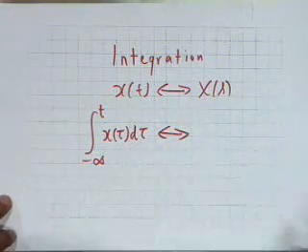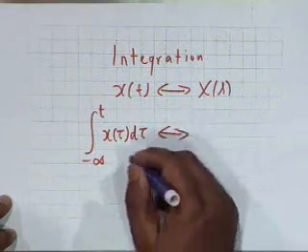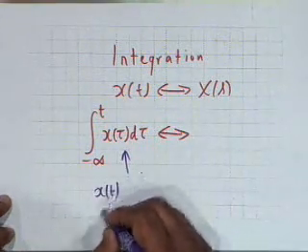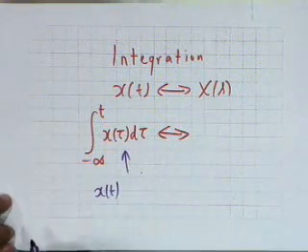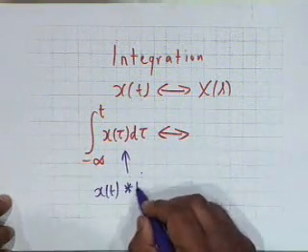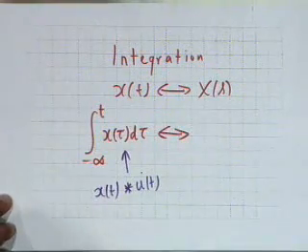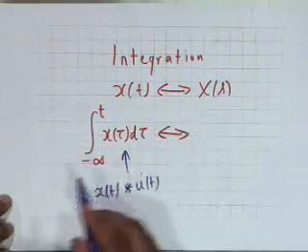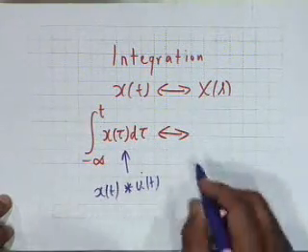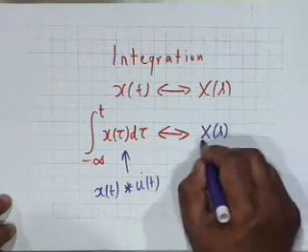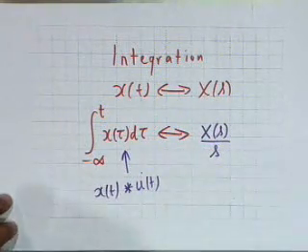Well, the left hand side can be considered as the convolution of x of t and u of t. The upper limit will then be replaced by infinity, and you can write t minus tau, and therefore by convolution theorem this must be simply X of s divided by s.